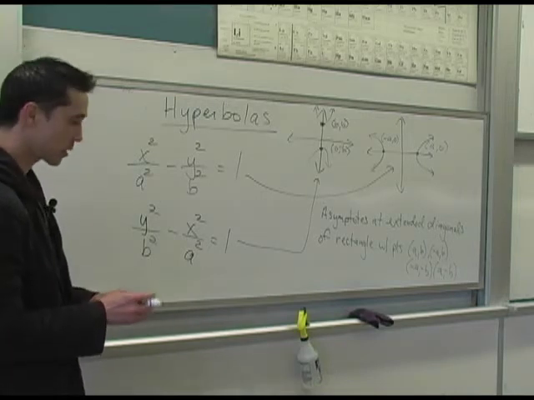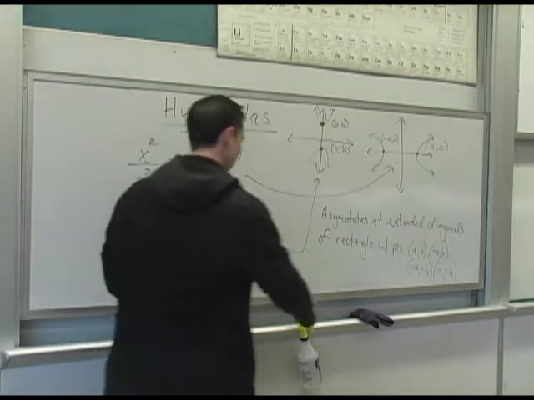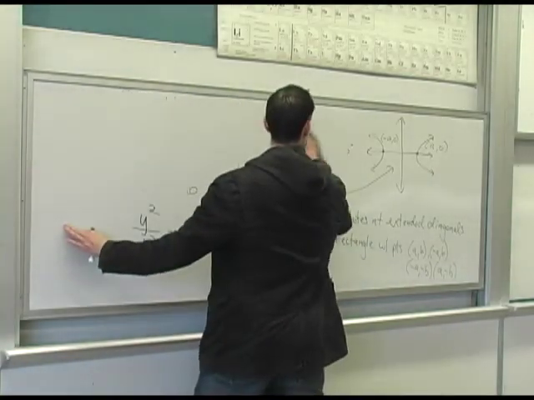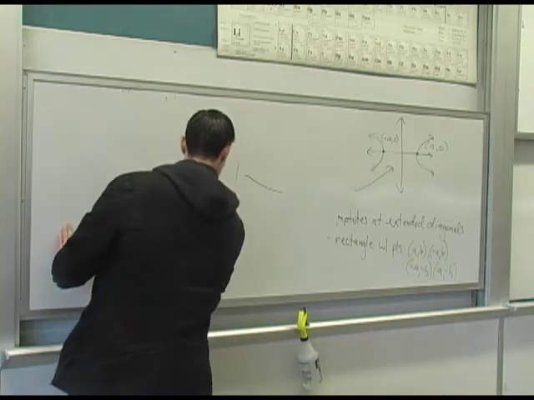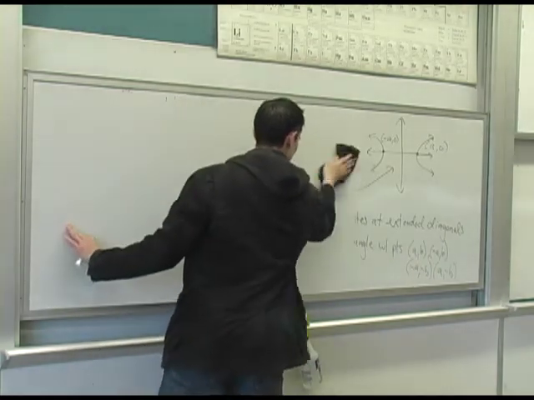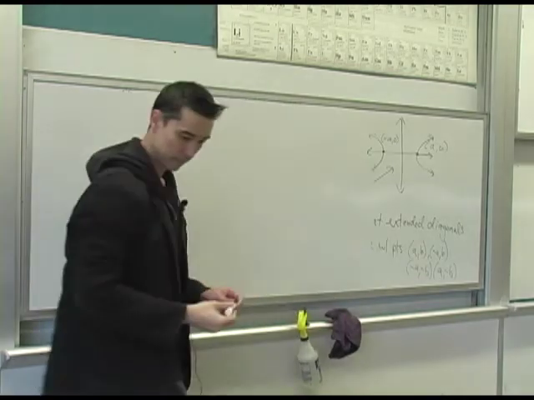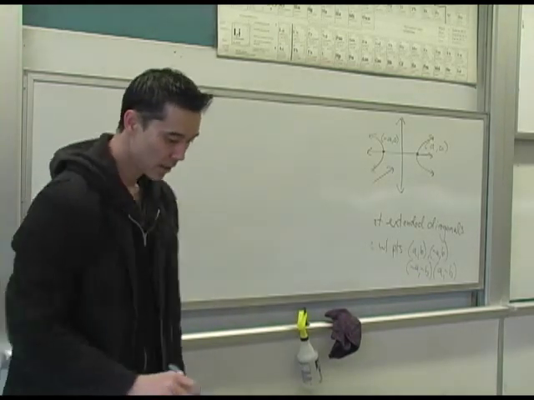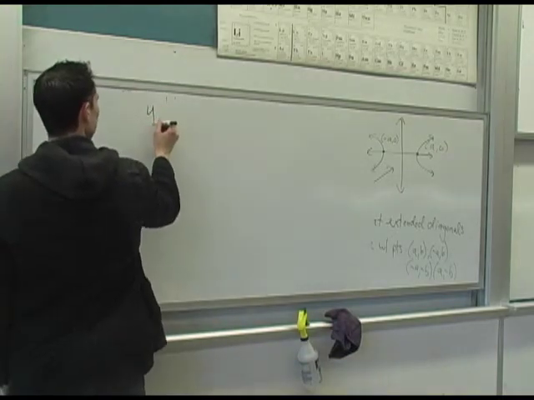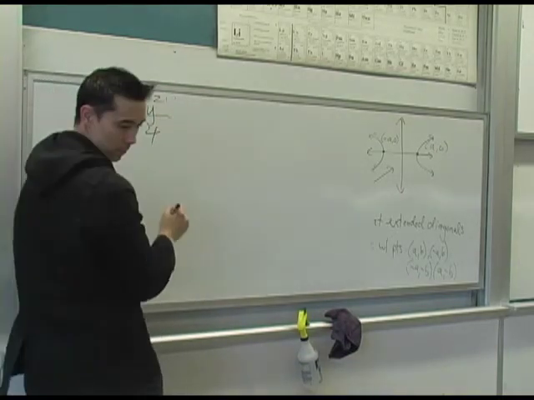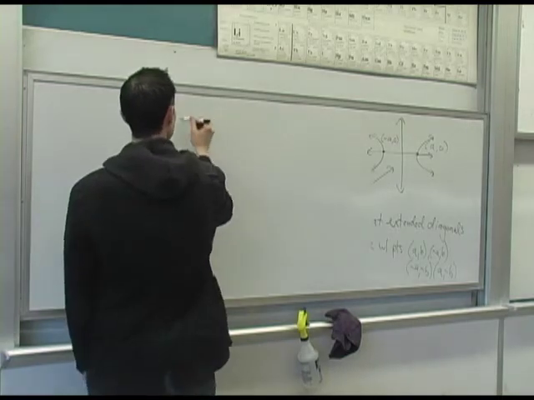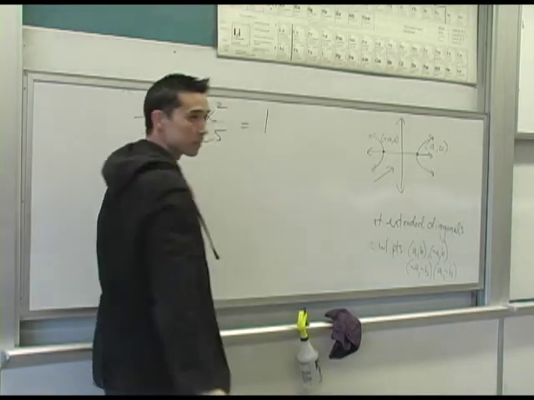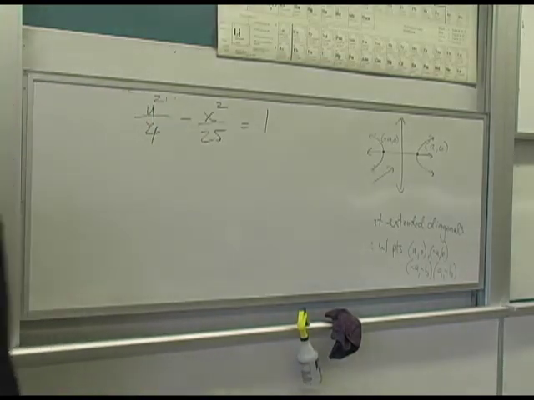Let's do an example together, so we can see how it works. y²/4 - x²/25 = 1.